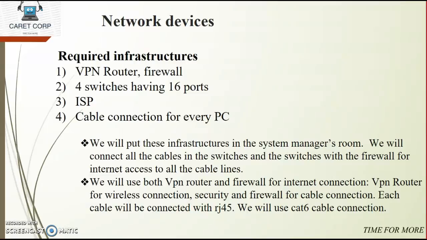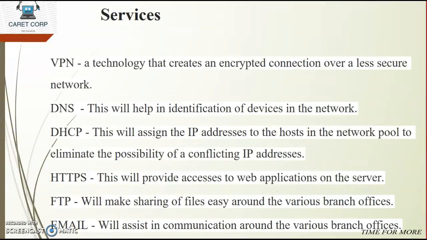All these infrastructures will be in the system manager's room, where the cables and switches will be connected. The VPN router and firewall are for internet connection and security. Also, we're proposing RJ45 as the medium of connection between these devices. So I'd like Arnold to take us through the services.